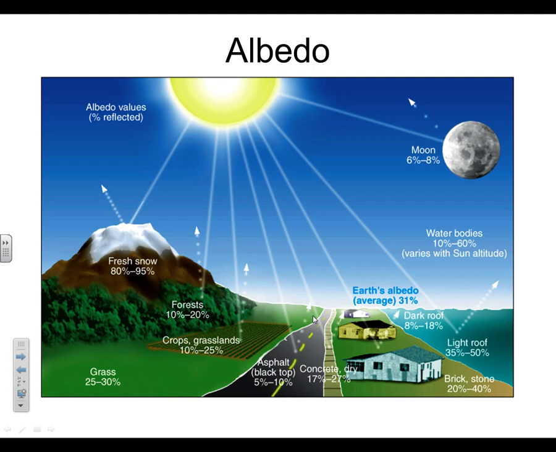It's all about albedo. The lighter the color, the less is absorbed, so the higher the albedo. The darker the color, the more is absorbed, the lower the albedo. We'll be using this in some examples later. The Earth's average albedo is about 31%. So, fairly reflective. That was the first little topic.